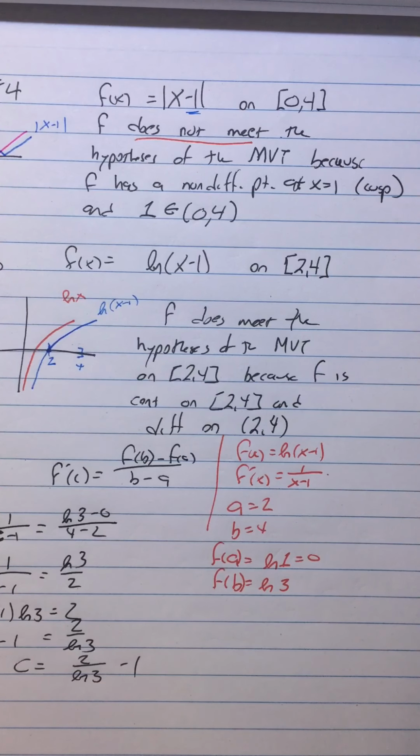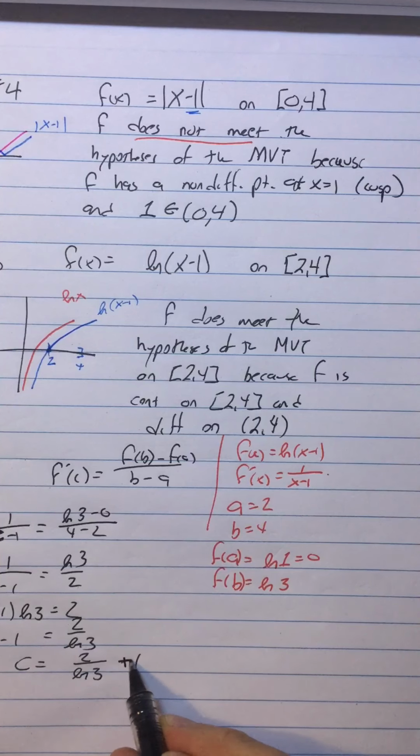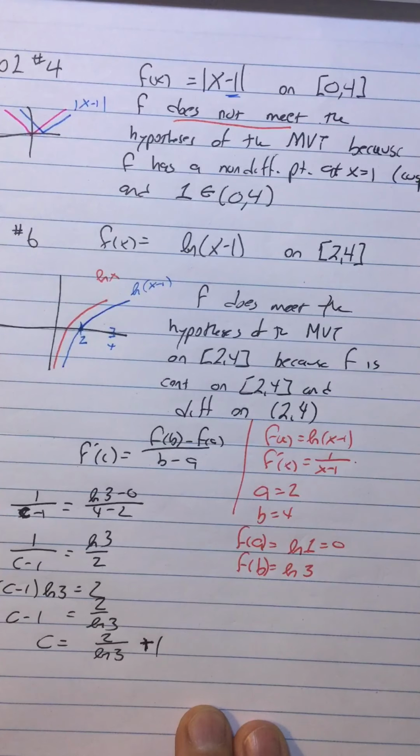So something is wrong. As these seconds tick away on my video, I do not see it. Oh, I see it, I see it. This is c minus 1, this is supposed to be plus 1. You guys probably spotted that right away.